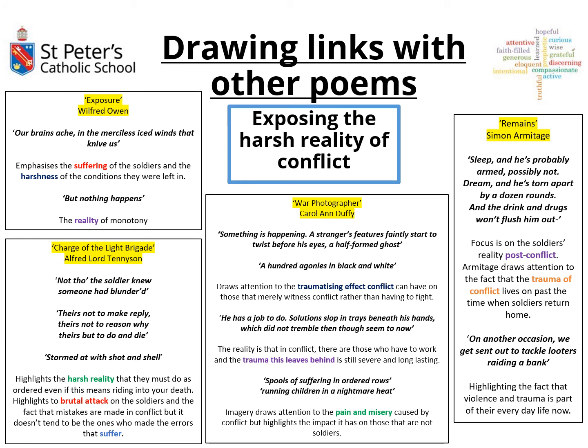"Spools of suffering in ordered rows and running children in a nightmare heat." So these two lines in particular use imagery that draws attention to the pain and misery caused by conflict. But again, a bit like I've already mentioned in the one before, it highlights the impact it has on those that are not just soldiers. So the running children in a nightmare heat.